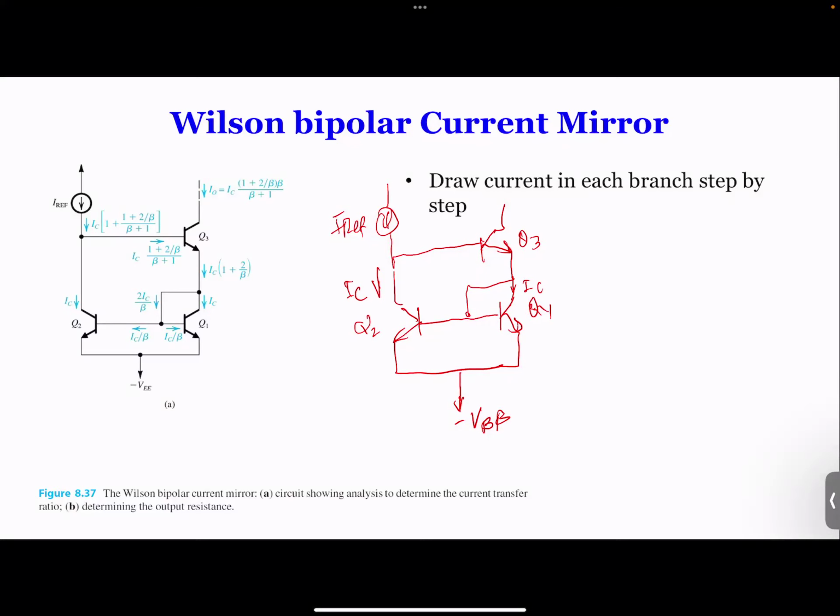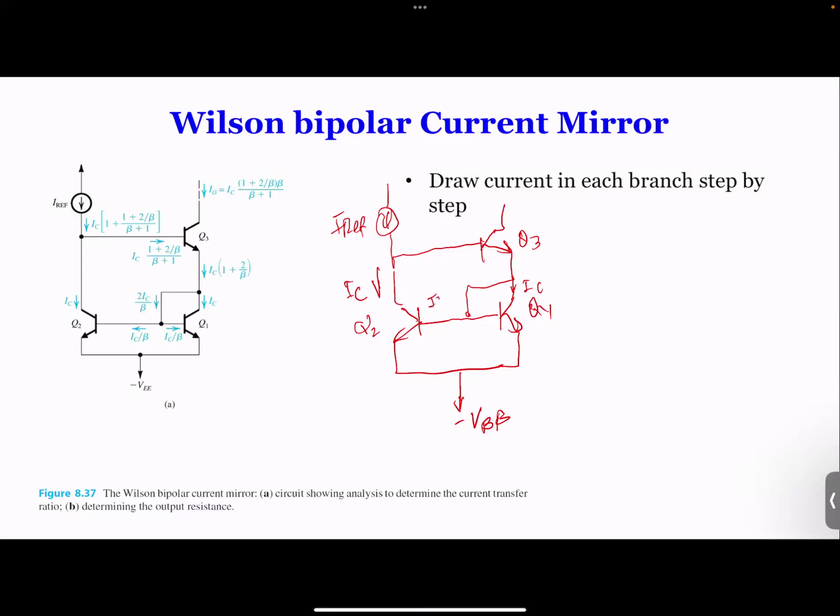But remember, the base of these BJTs will have current. With a MOSFET, there's no current in the gate, but the base of a BJT has current. How much current goes into each of these transistors? It's IC over beta, right?